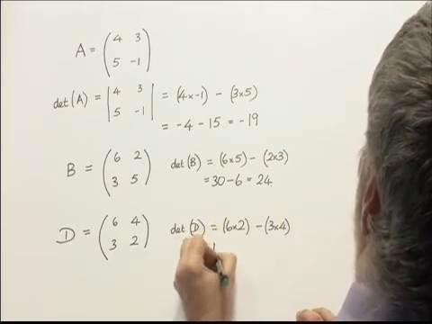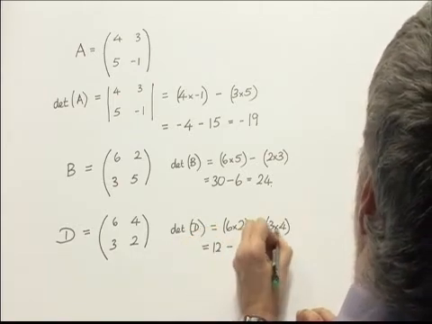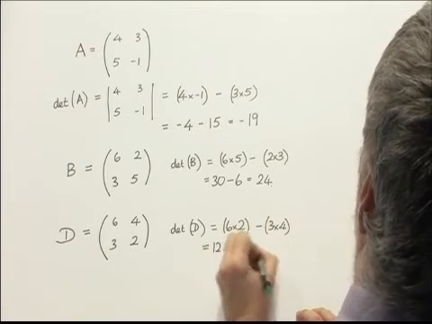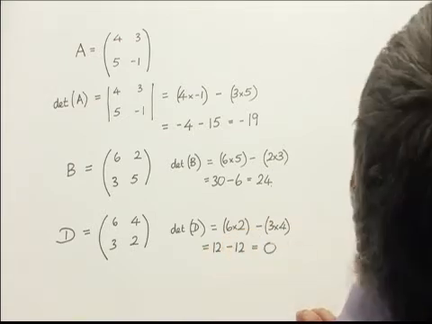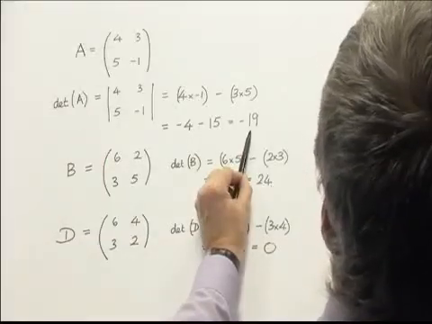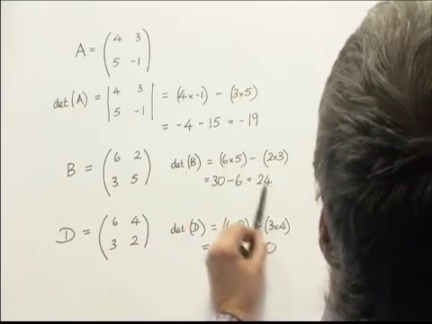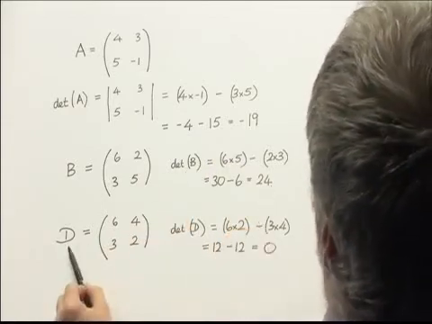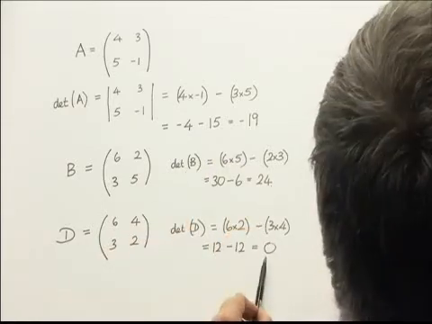So 6 times 2 is 12, taking away 3 times 4, which is also 12, and so we get the answer 0. So we see that every time we work out a determinant, what we get is a single number. The determinant of A is -19. The determinant of B is 24. The determinant of D is 0.